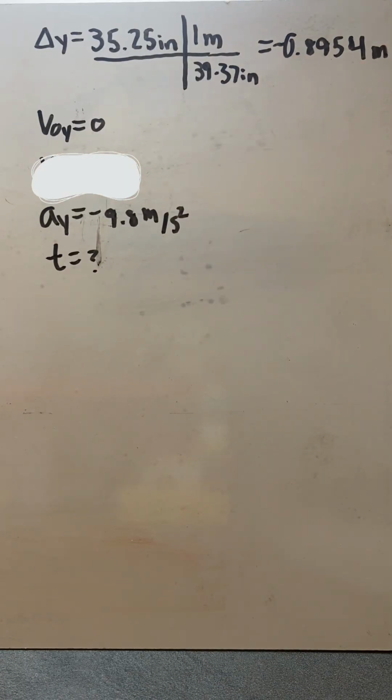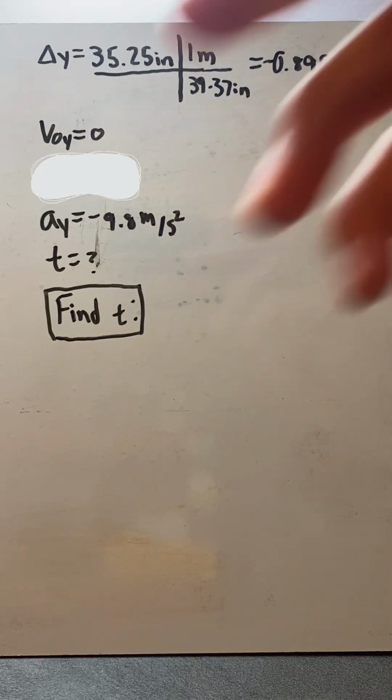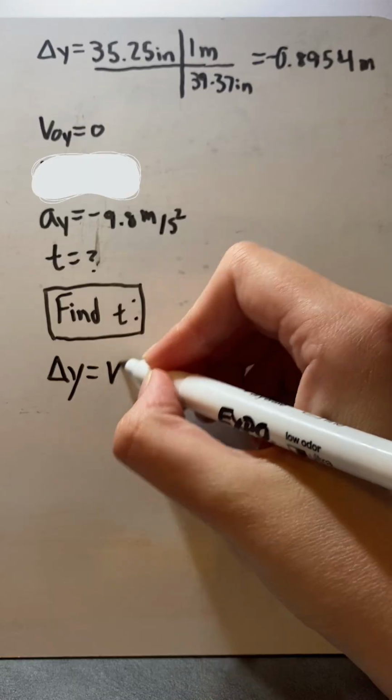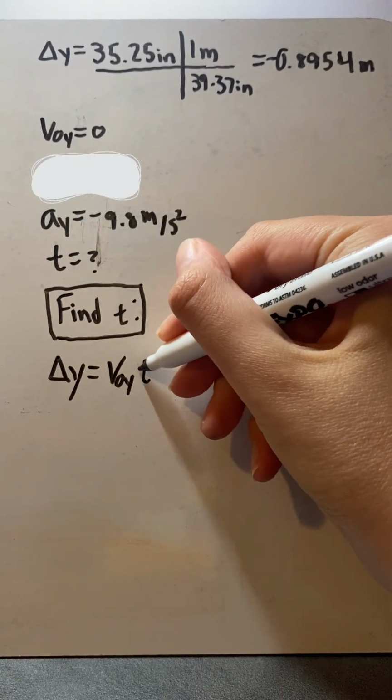First, we are trying to find the time from when the ball left the counter to when it hit the floor. To do this, we use the second kinematic equation with the known Y values.